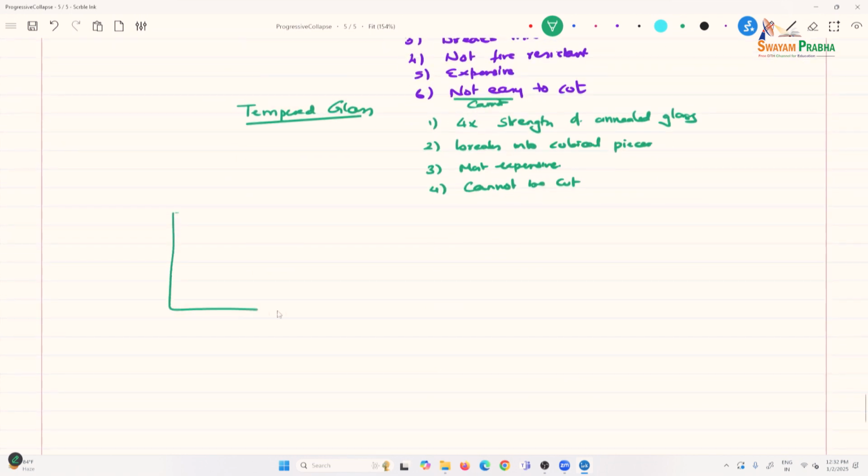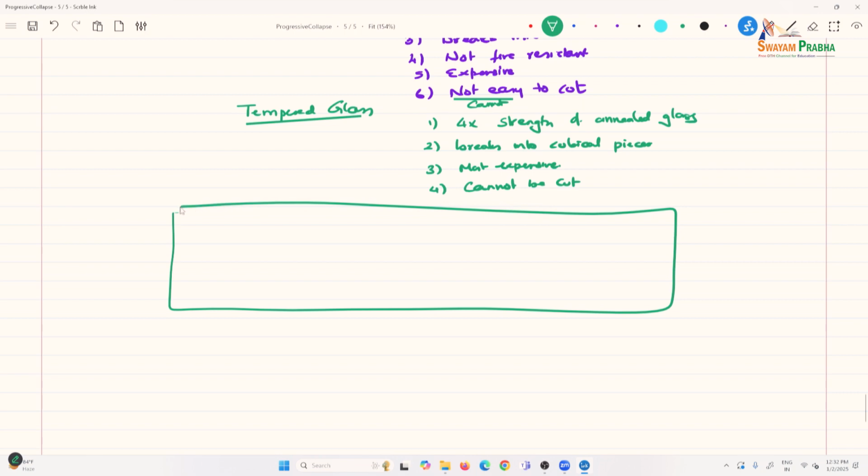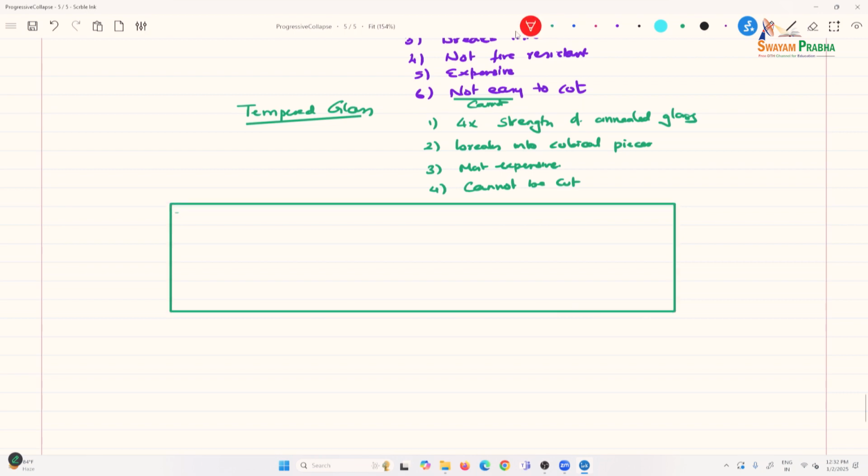So, the fundamental principles in glazing design, given some of these types of glasses. I used to work as a finite element analyst for a glazing contractor.